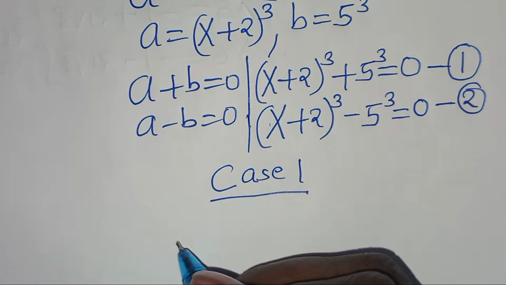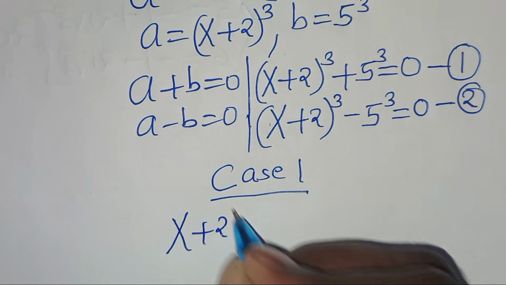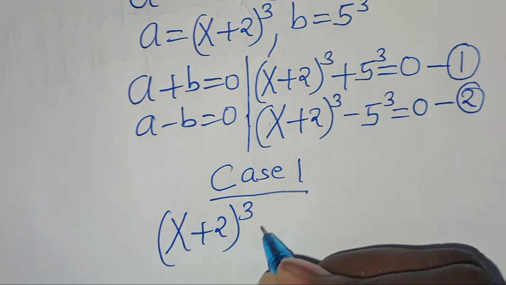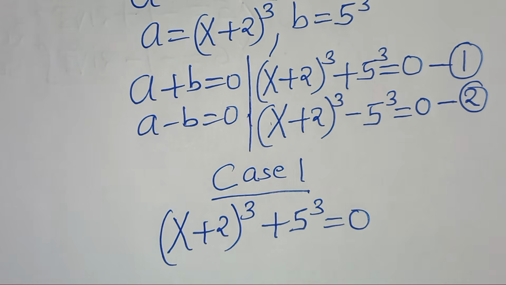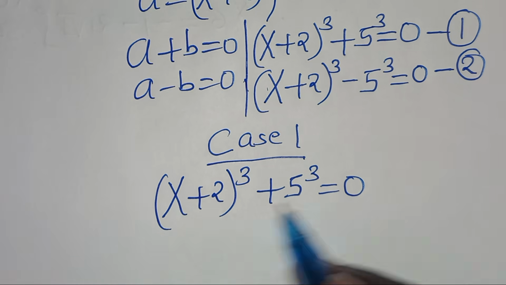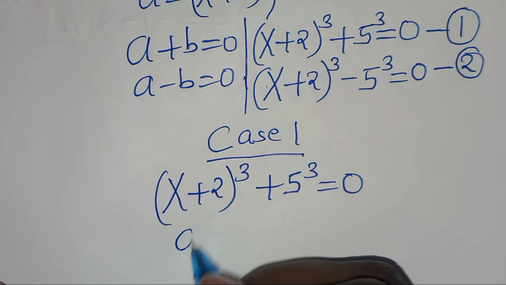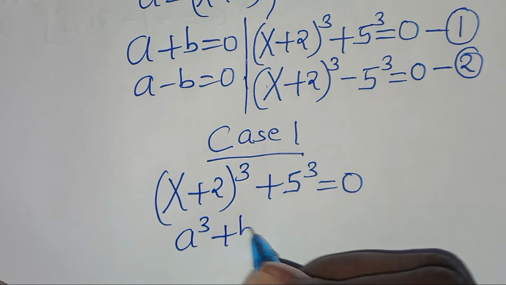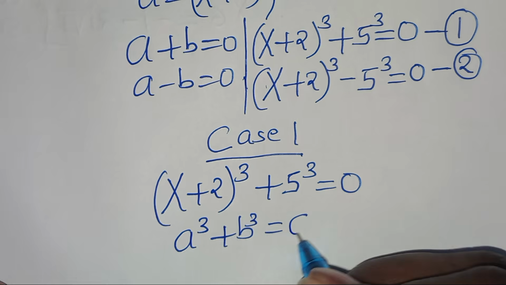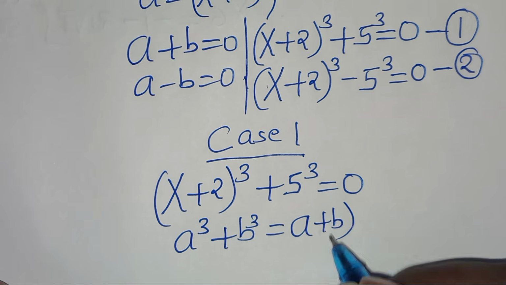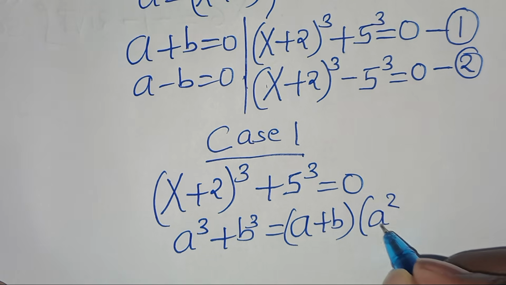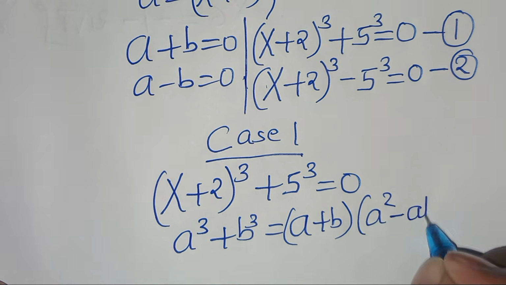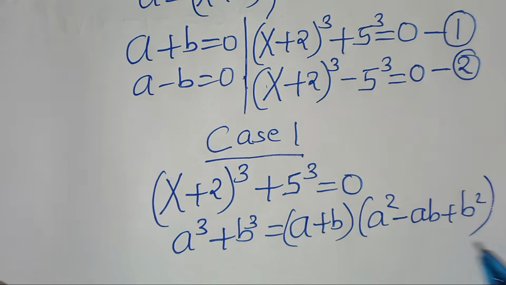In case 1, we have (x+2)^3 plus 5^3 equal to 0. Now this is the sum of two cubes, which we can express as a^3 plus b^3 equals (a+b) times (a^2 minus ab plus b^2).